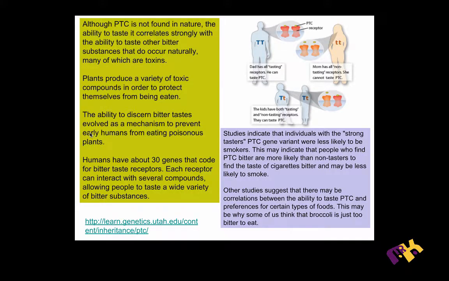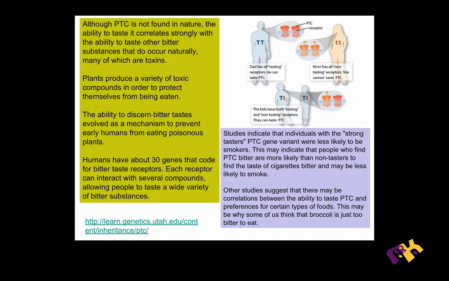So we know that PTC is not found naturally, but it does correlate strongly with other tastes of bitterness and other substances that do naturally occur. Most of them, of course, are toxins that our body's trying to warn us about what not to eat.